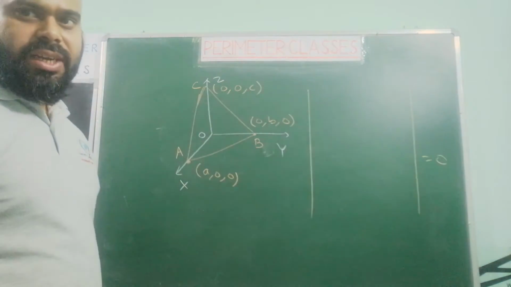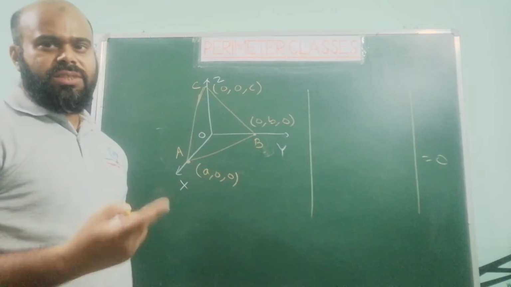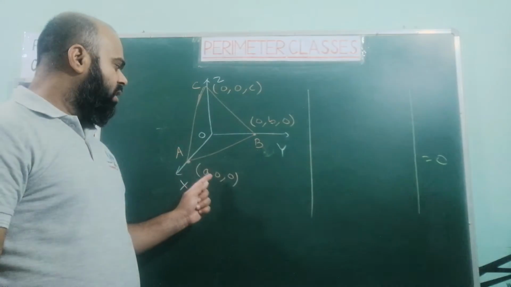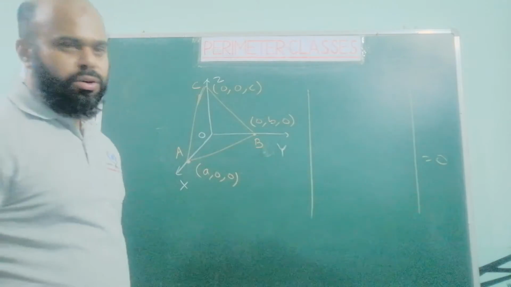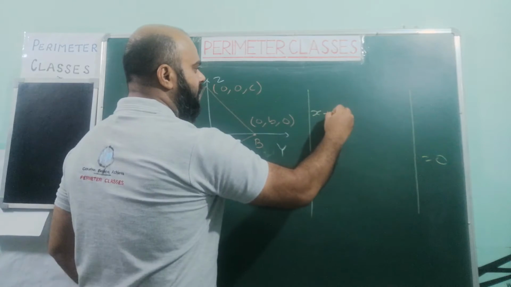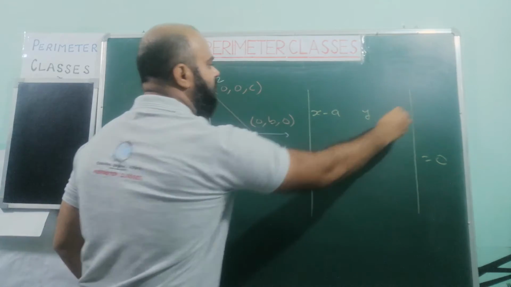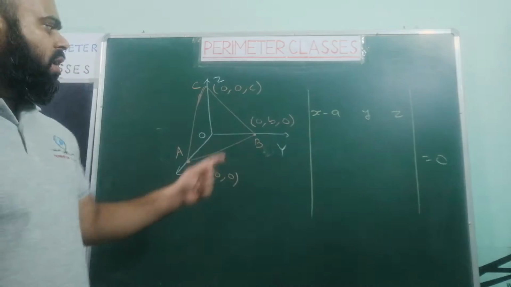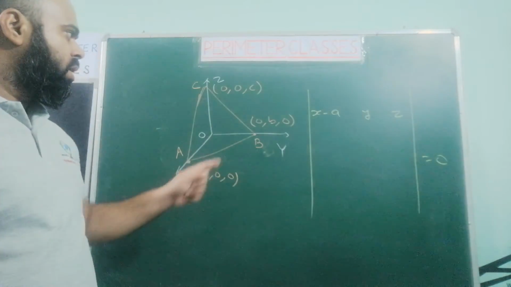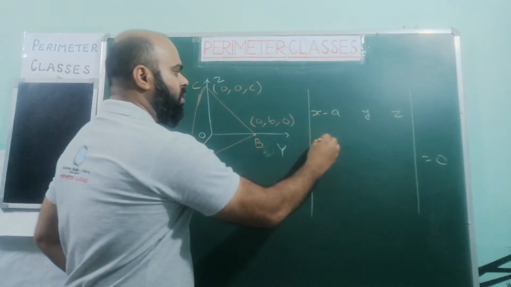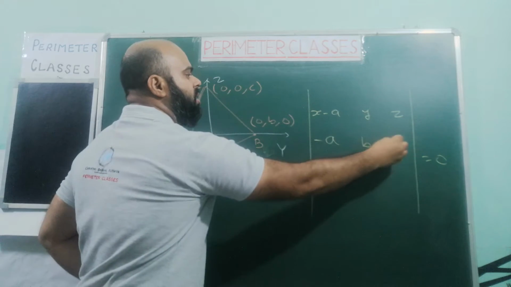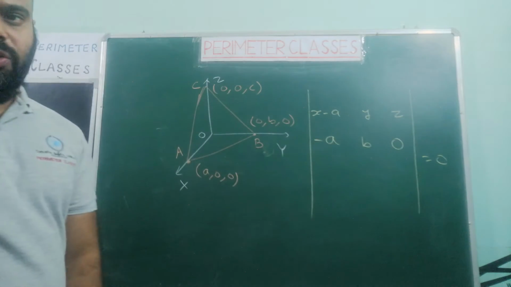We will substitute x1 as a, y1 as 0, z1 as 0. So x minus a, y and z. Now x2 minus x1 will be minus a, y2 minus y1 is b, and z2 minus z1 is 0.